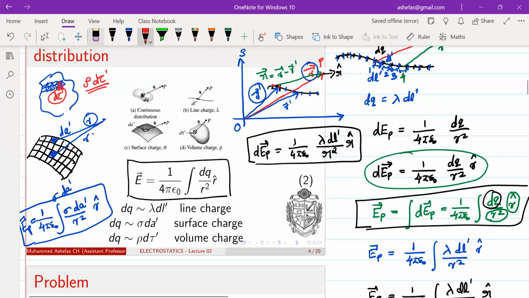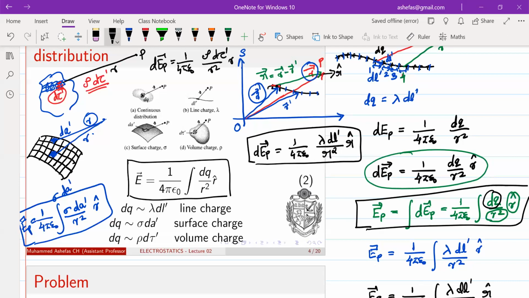So rho d tau prime would be the amount of charge in this small volume, and hence the electric field produced by this small volume at some point P at a distance r, how can we write? The electric field dE_P is 1 by 4 pi epsilon 0 rho d tau prime by r square r cap. And hence the total electric field would be the integral of this expression.